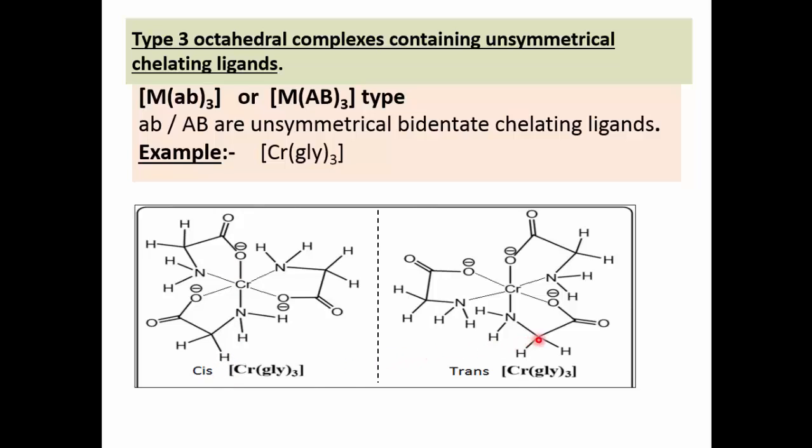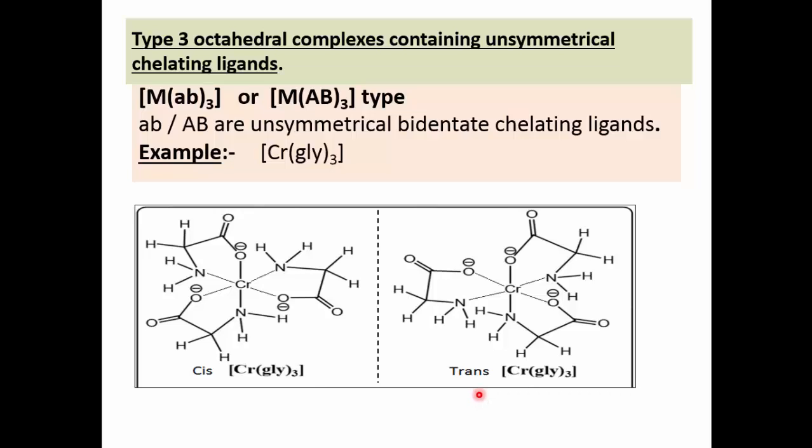But see in this case what happens, see the sequence of attachment of oxide ion and nitrogen. See, this is oxide, nitrogen, oxide and nitrogen, and now here there is change in order, nitrogen, oxide ion, and therefore as there is change in sequence of attachment of ligand with the chromium metal ion, this is called trans structure.